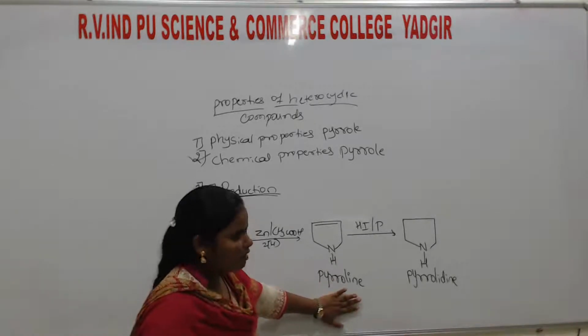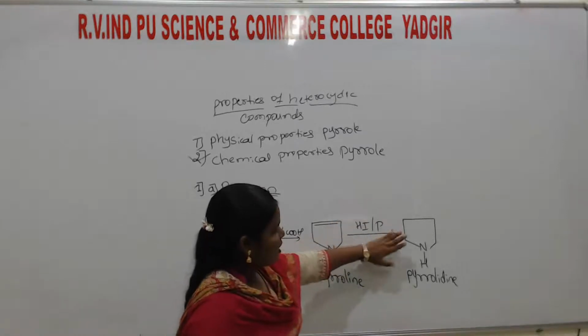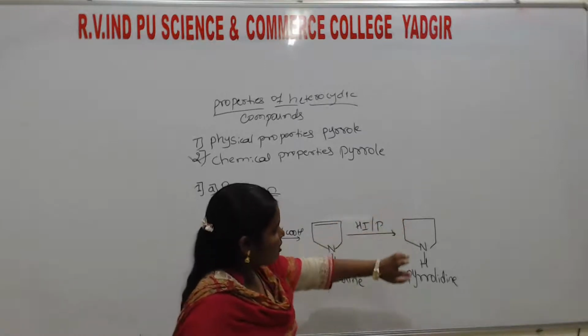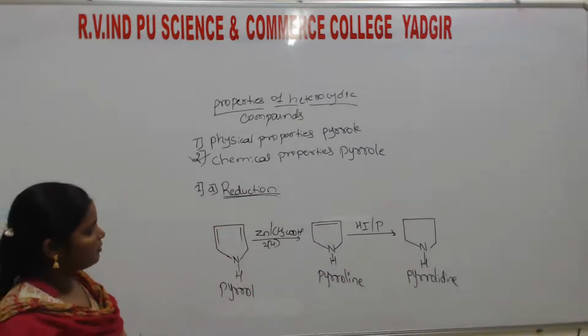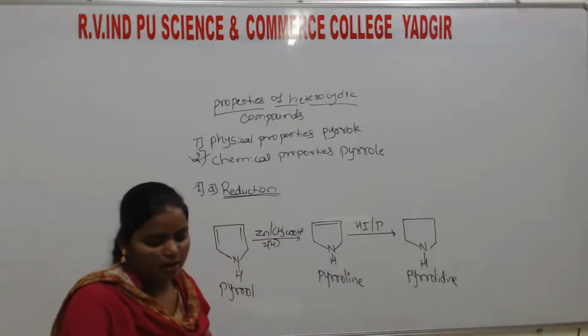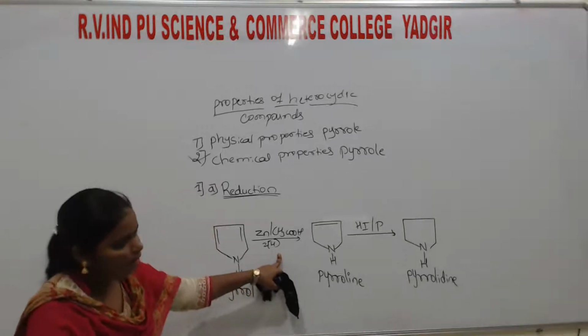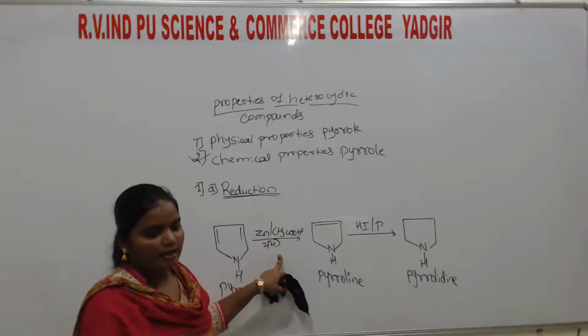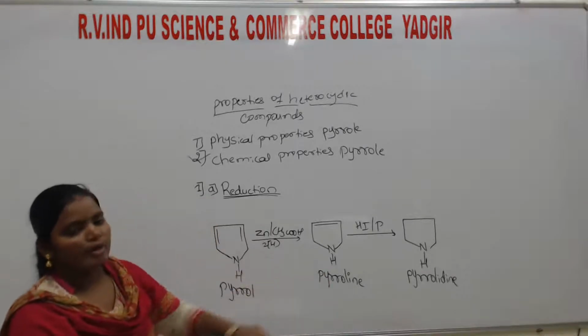Then this pyrroline is heated with hydriodic acid and phosphorus to form pyrrolidine. Next, reduction in the presence of nickel as a catalyst, heated at 200 degrees Celsius, forms pyrrolidine.